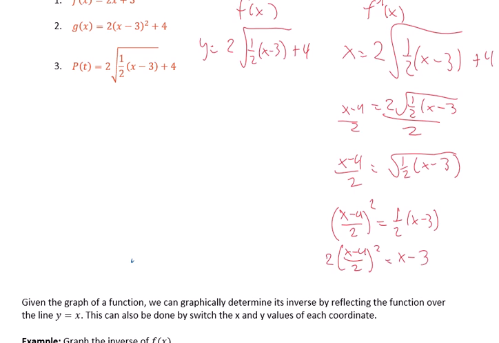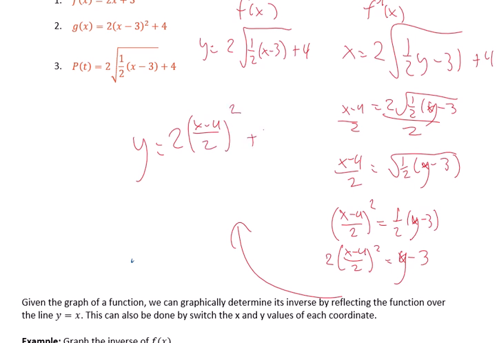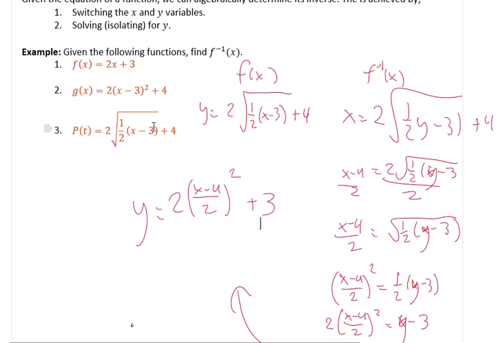So my final equation, let's do it over here, is y, whoa, the whole time I've been doing 2 x's. And y. Well, I did not catch it earlier. So y equals 2 times x minus 4 over 2 squared plus 3. And that is our inverse.